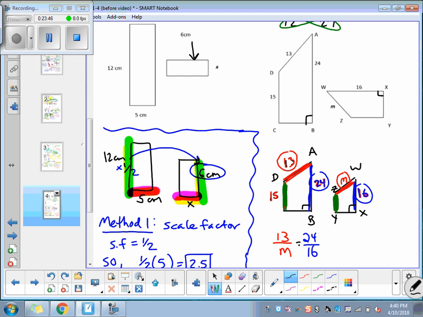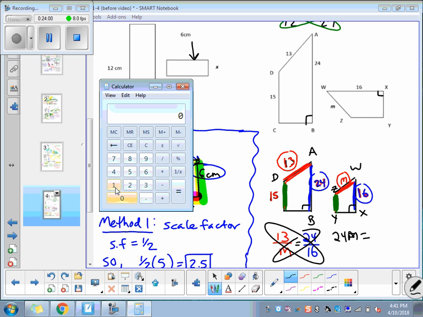When you cross multiply, we're going to have 24 times M set equal to 13 times 16, which is 208. If we divide by 24, we're going to get another repeating decimal, so it'll be about 8.7.